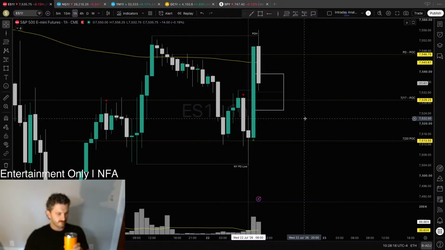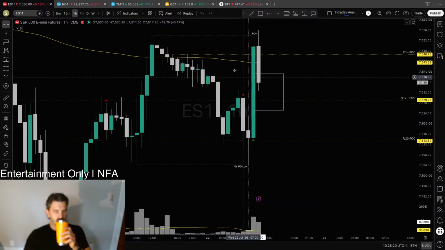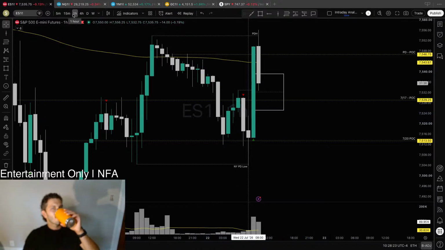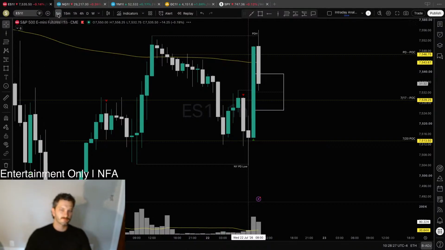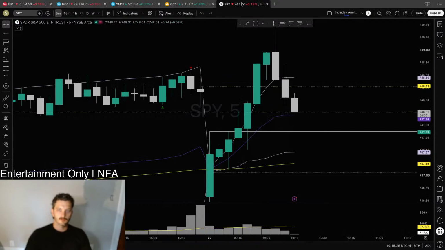I'm taking short if 200 EMA breaks. I like that move. I like that move a lot. That's what I'm looking at too. You're at SPY though.